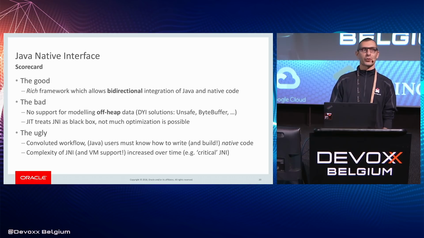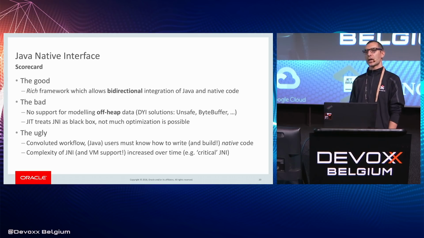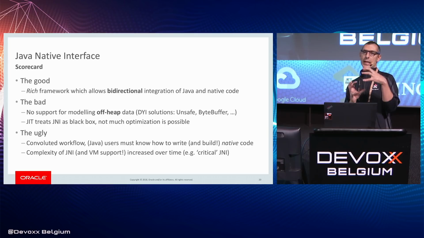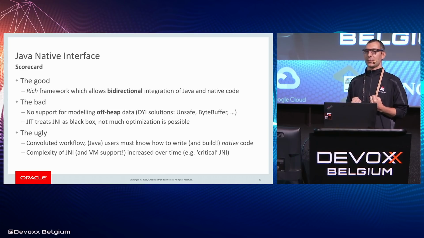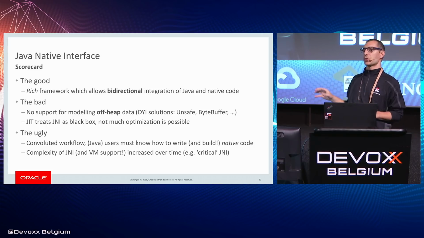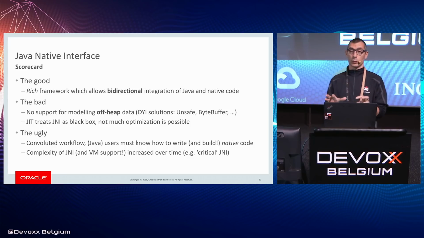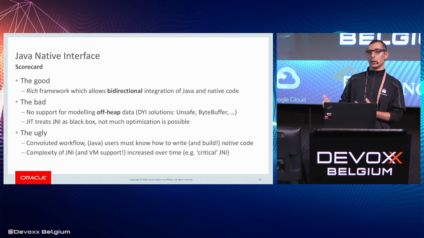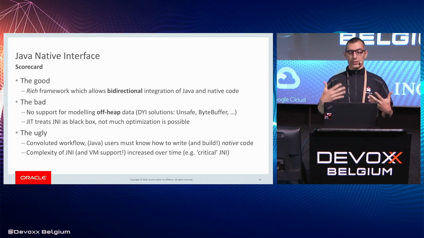We have added features over time, such as critical JNI sections. So pieces of JNI code that are trusted by the VM, in which we can say, okay, I trust you not to move this object around, and I'm doing this logic over here, basically to avoid some of the overhead that is associated with JNI. And this stuff adds complexity to the VM implementation.